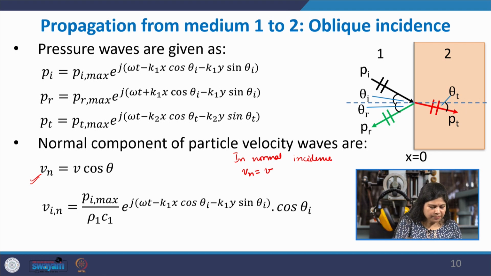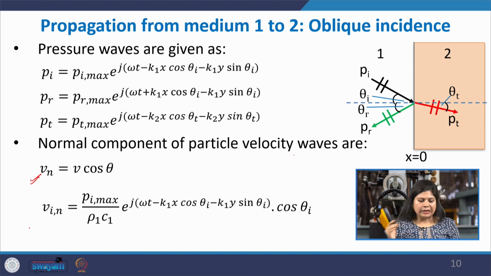But over here Vn is not equal to V. So, the normal component of the velocity in terms of V would be V times cos of that angle. Velocity is in a particular direction, we want to decompose it along the x axis.